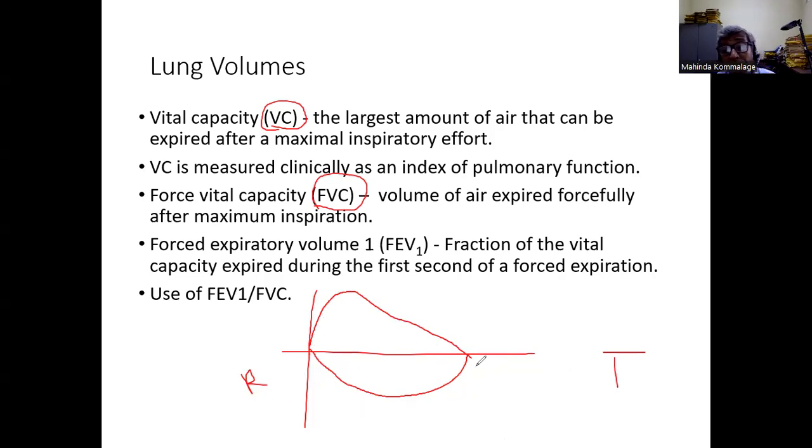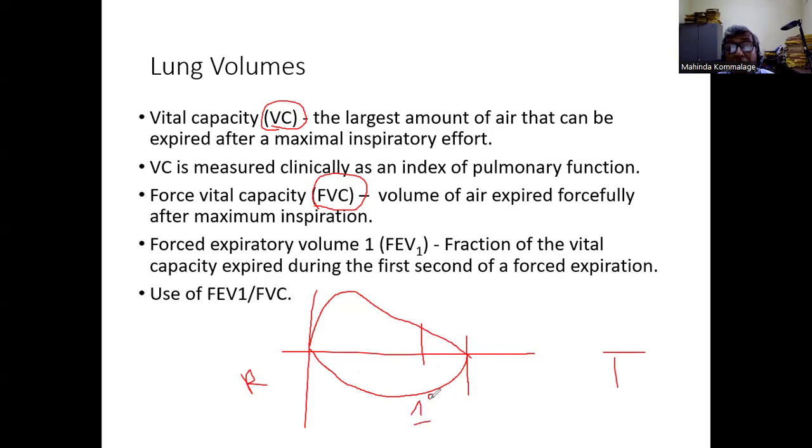When we consider vital capacity, we consider the whole time until we finish all the air. But we can also measure volume per second. This is the whole time, where we let the air flow continuously without a time limit, but at the same time we can limit it to per second.